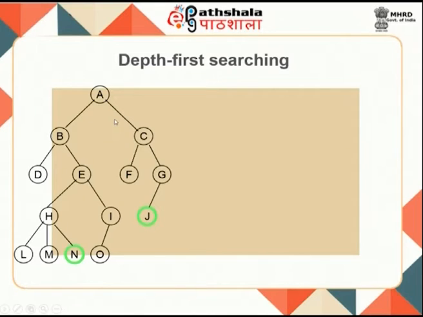This kind of search is what we call tree search, specifically depth first search. I have to explore in a systematic manner, so I require some sort of an order. That is the reason why I go for DFS.